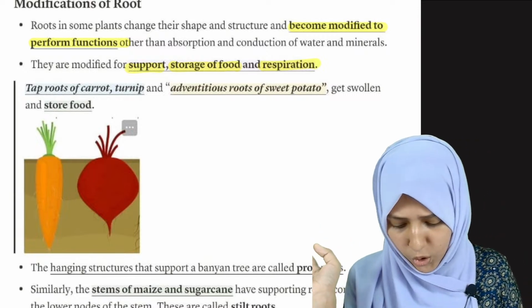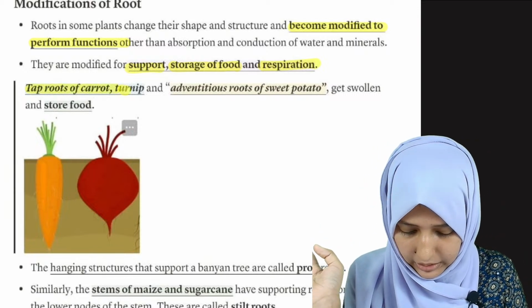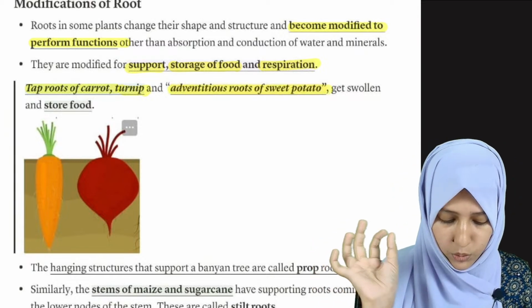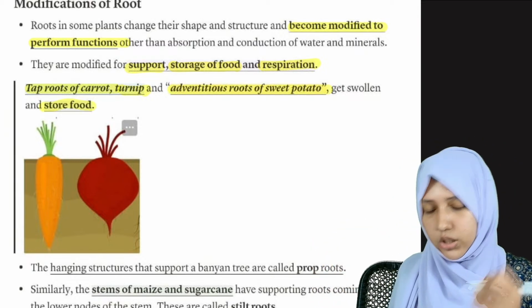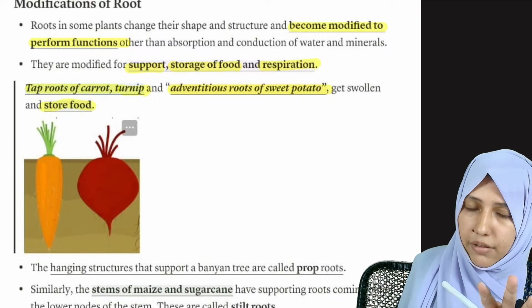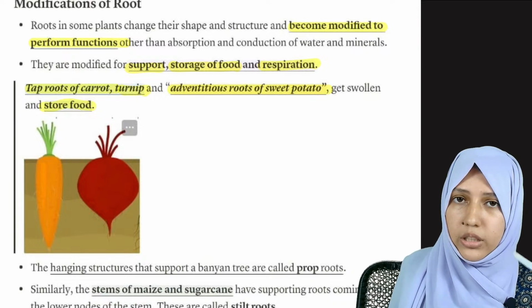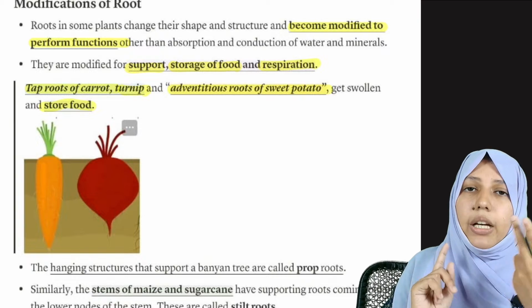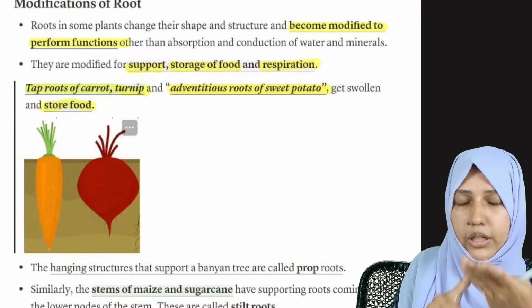Clear? Taproots of carrot and turnip and the adventitious root of sweet potato will store food. They have given 3 examples for storage of food in the root: carrot and turnip, which store food in taproot, and sweet potato, which stores food in adventitious root.